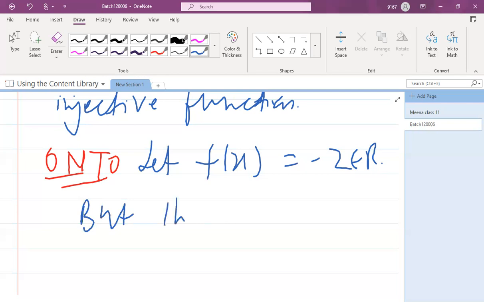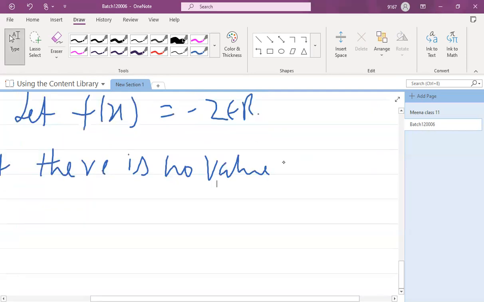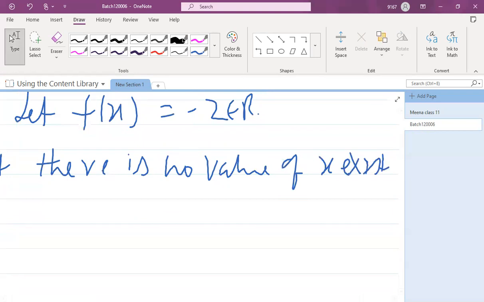There is no value of x that exists in the codomain.